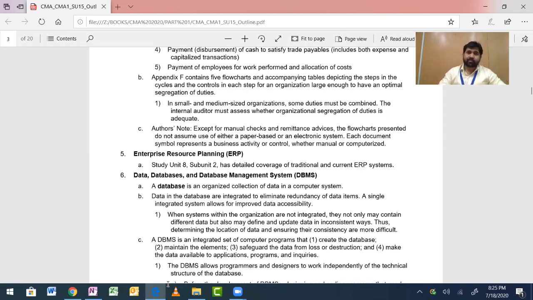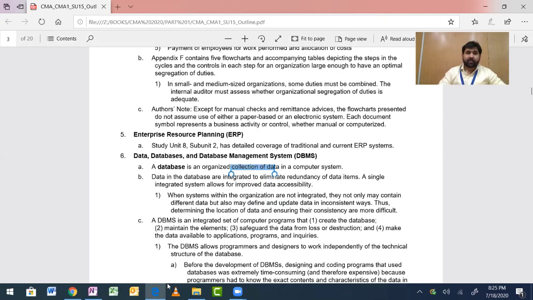What is a database? Where you keep a collection of data, where you keep all the data. Now data in the database are integrated to eliminate redundancy of data items. A single integrated system allows for improved data accessibility. Basically, what they are trying to say is that if you have got some data, that should be updated, otherwise there will be repetitions and the data will get redundant.